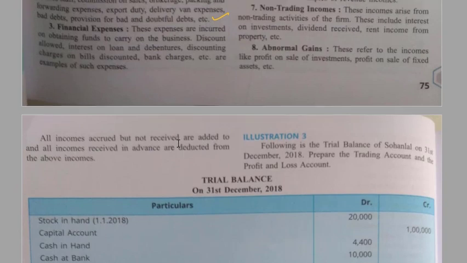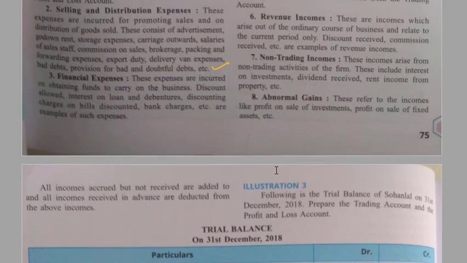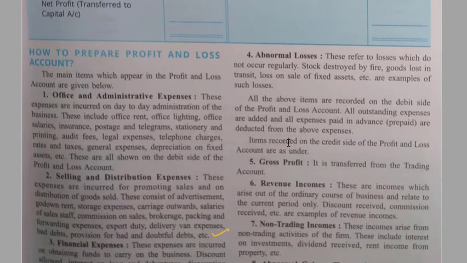Third category is financial expenses. These expenses are incurred on obtaining the funds to carry out the business, like discount allowed, interest on the loan and debentures, discounting charges on the bills discounted, bank charges, etc. are examples of such kind of expenses.